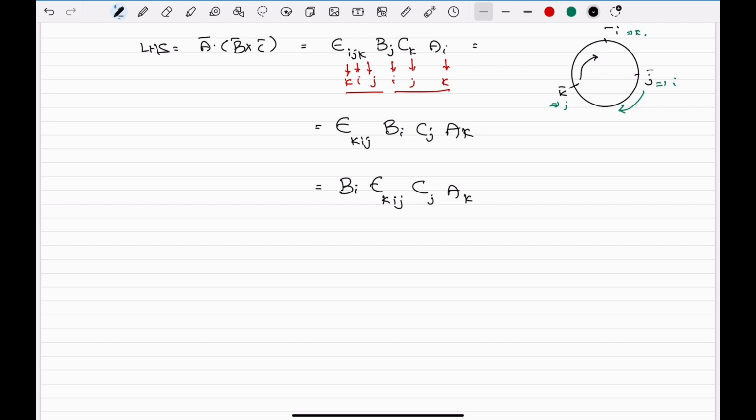Can we do this? This is nothing but b i. This epsilon kij c j a k is nothing but c cross a.